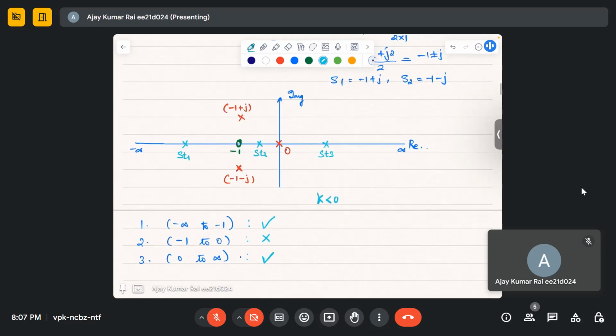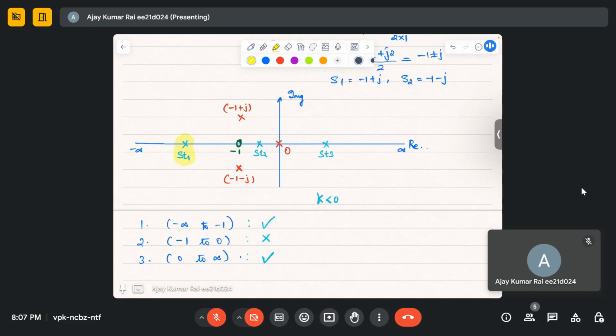In this case, if you take a test point and look to the right, and if you have an even number of open loop zeros and poles, then we say the root locus exists. From minus infinity to minus 1, we have taken one test point, st1, here.